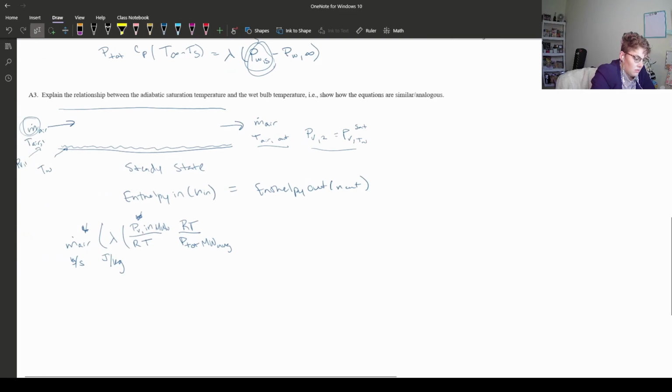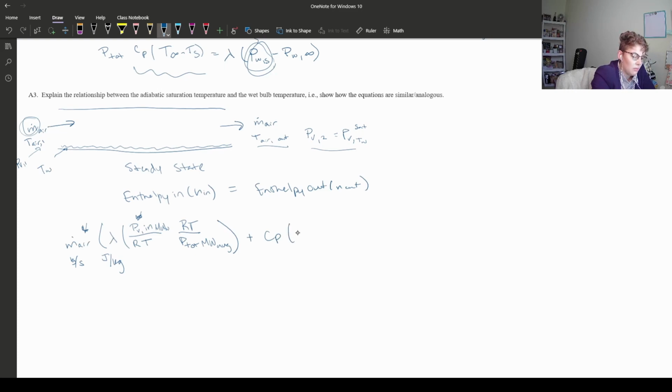So we have this situation, and then we also need to include our heat capacity and the difference in our temperatures.